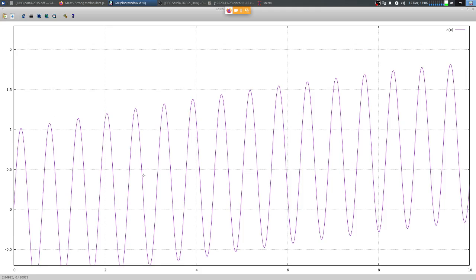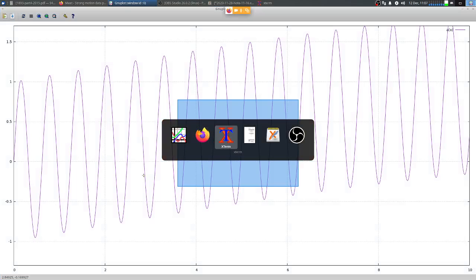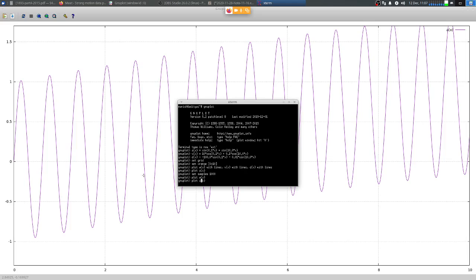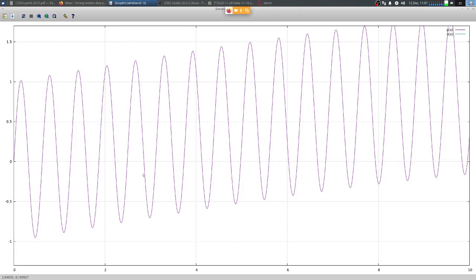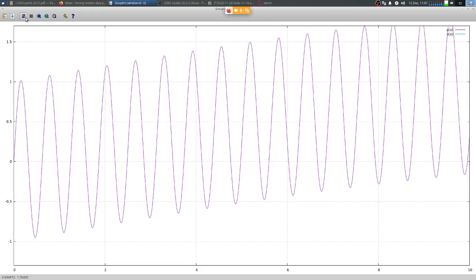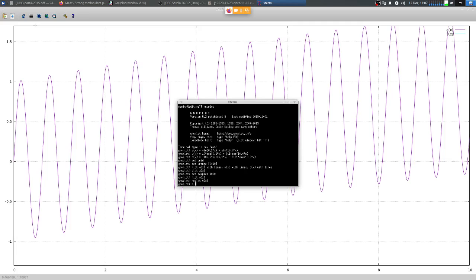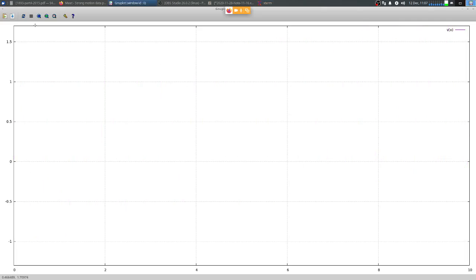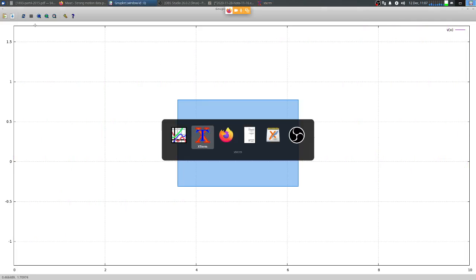But when I do this for the velocity, so let me just say plot.